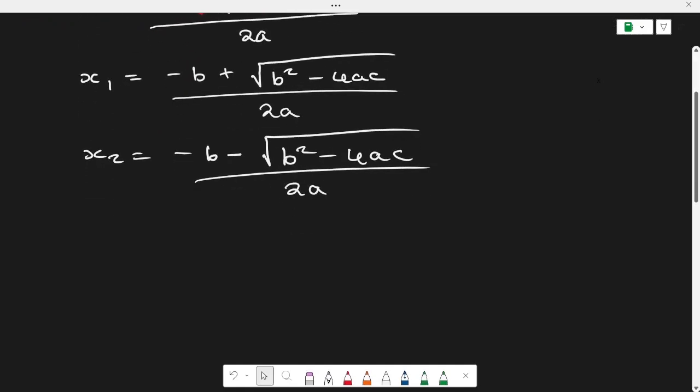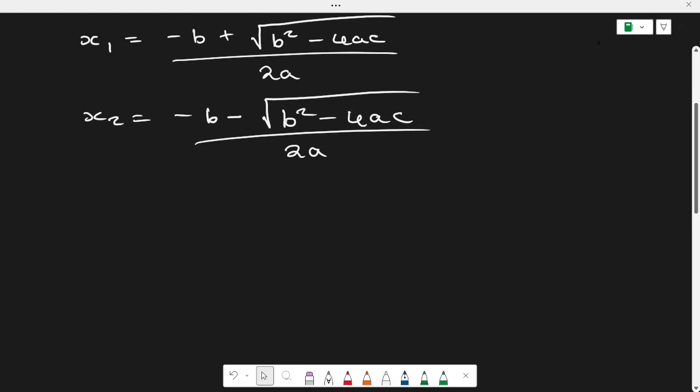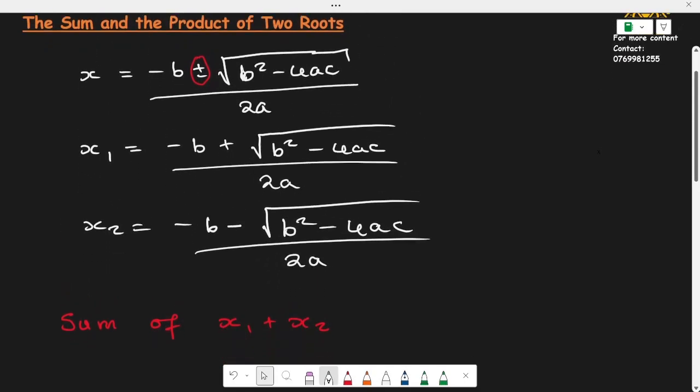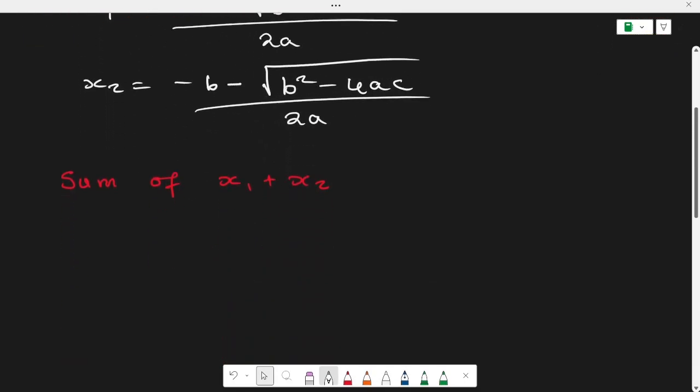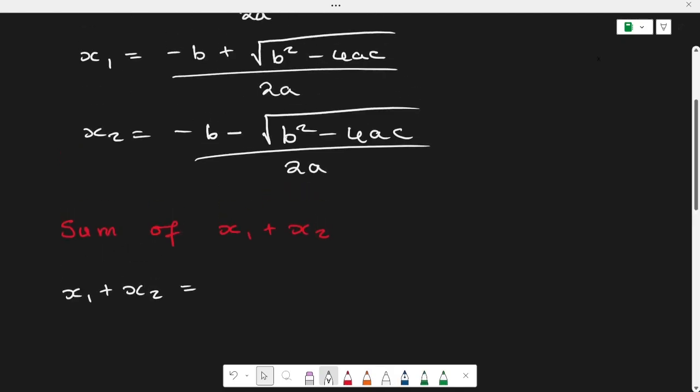So now what will happen if we find the sum of x1 plus x2? This is what we are calling the sum of the two roots. So let's try to add x1 and x2 and see what we get.